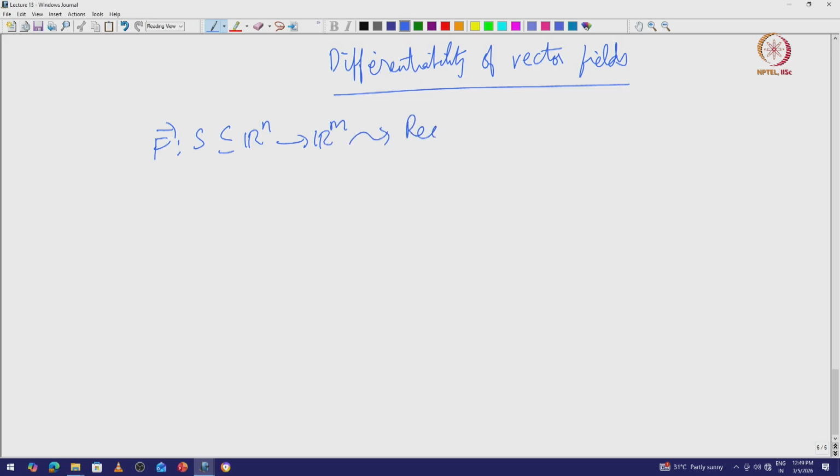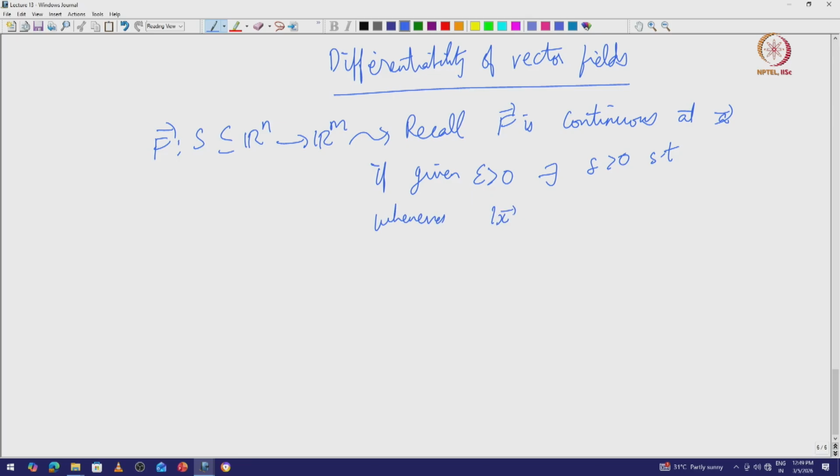Recall that f is said to be continuous at a if given epsilon greater than 0, there exists a delta greater than 0 such that whenever |x minus a| is less than delta and x lies in the domain, then |f(x) minus f(a)| is less than epsilon, right.